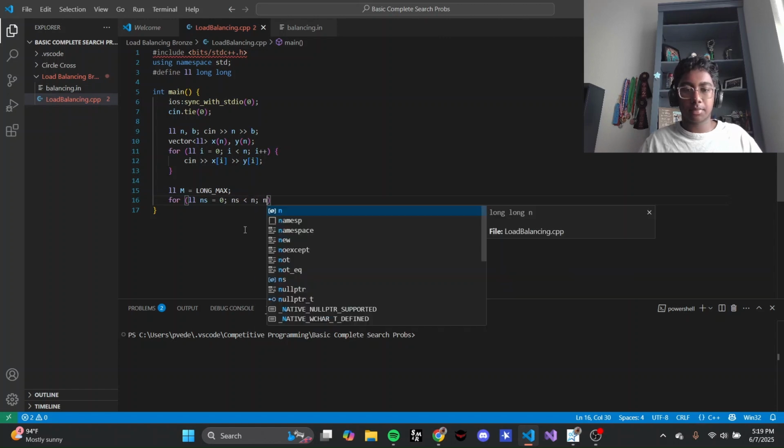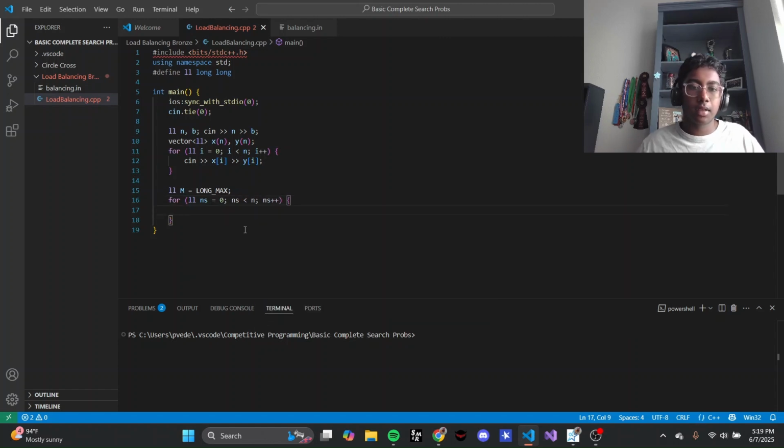Basically, why I'm doing this: I haven't stored the positions anywhere. We already have our xi's and yi's, and we know that xi plus 1 or yi plus 1 is going to give us the potential fence. Okay.